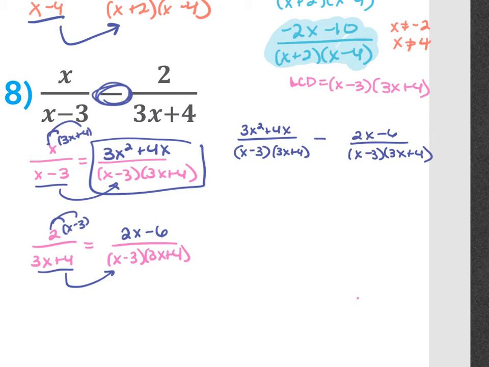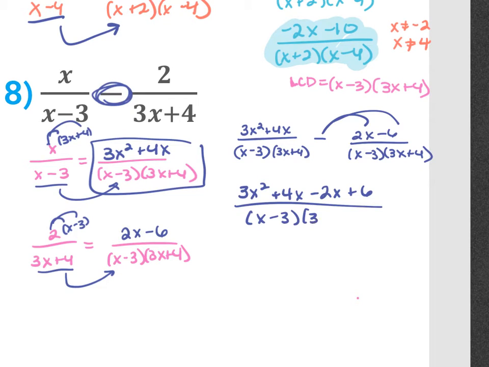Denominators are now the same, so I would rewrite the numerator, 3x squared plus 4x, minus goes to both, so minus 2x plus 6, all over x minus 3 and 3x plus 4. Look to see if you can simplify, and this time I can simplify the numerator by combining 4x and negative 2x. So I get 3x squared plus 2x plus 6 over x minus 3 and 3x plus 4.